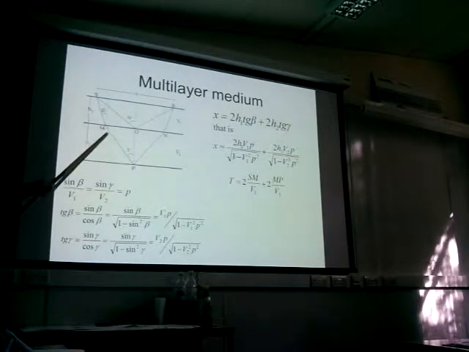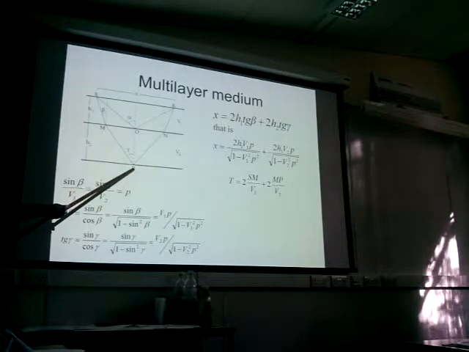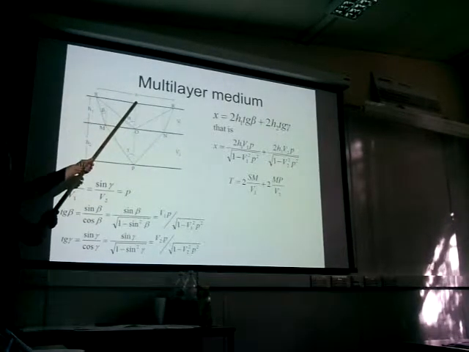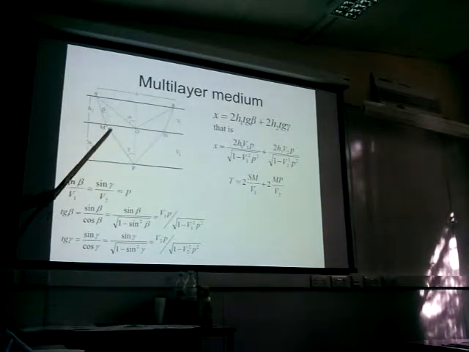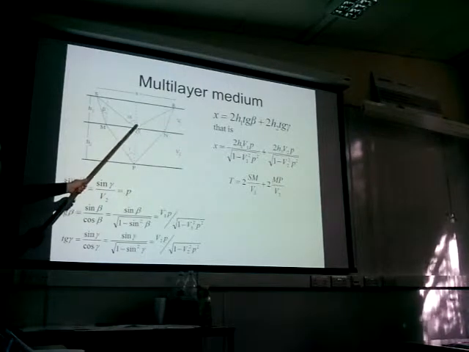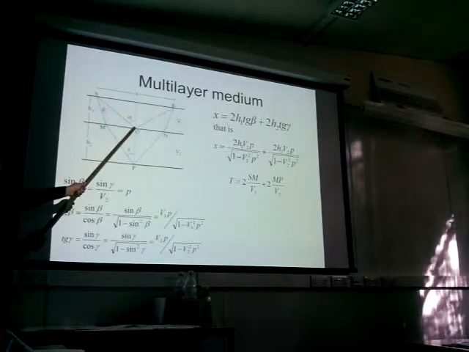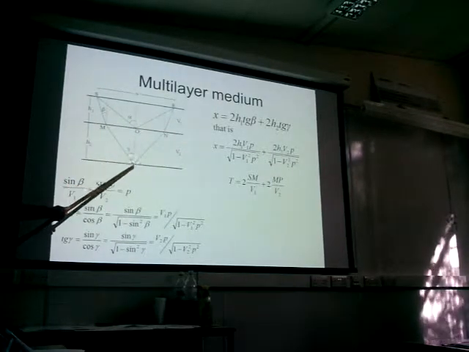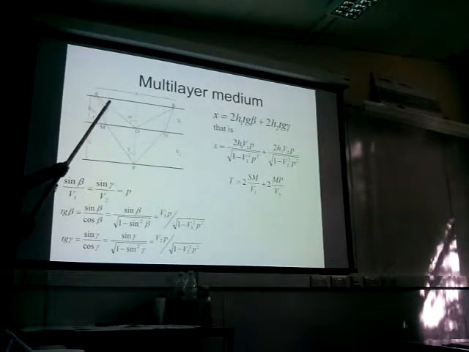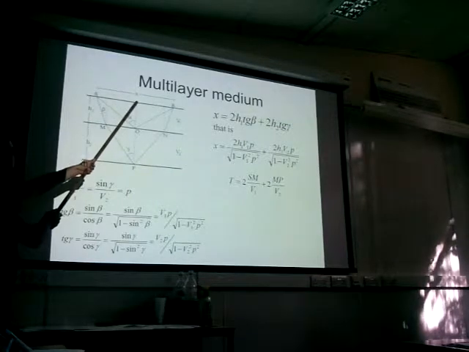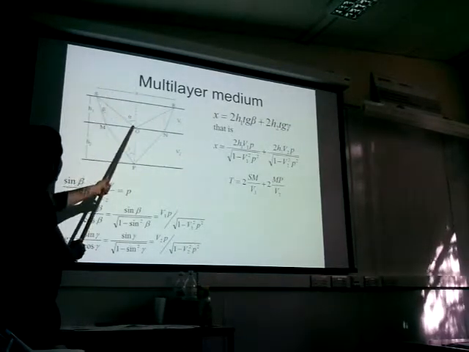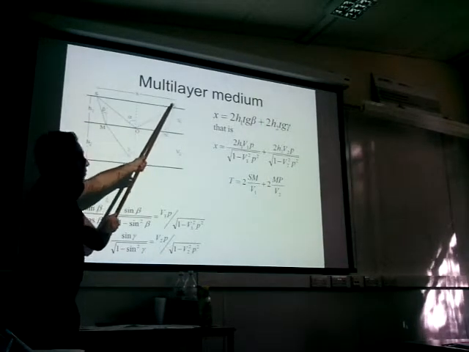Then there is the other bit of the ray path that is transmitted in the second layer, which in projection represents the other bit of the distance. And that is the tangent of gamma, that bit in there, divided by h2, the thickness of the second layer. Now, that's half of the whole path, because I know by the Snell law that the angle alpha is exactly equal to the angle of the reflection in there.